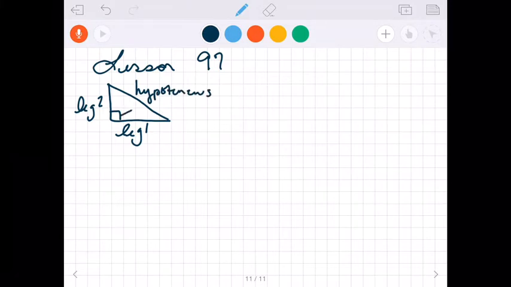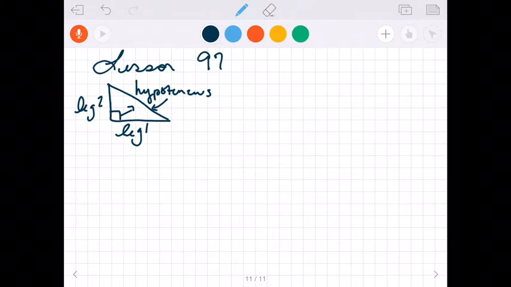The hypotenuse is always opposite the right angle. Obviously, these legs are not necessarily named legs 1 and 2, but those are called legs. And this side there, opposite the right angle, is the hypotenuse.